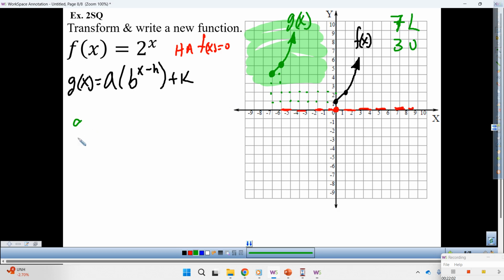So what was your equation for that? g of x equals what, Enrique? 2 to the x plus 7, plus 3. All right.